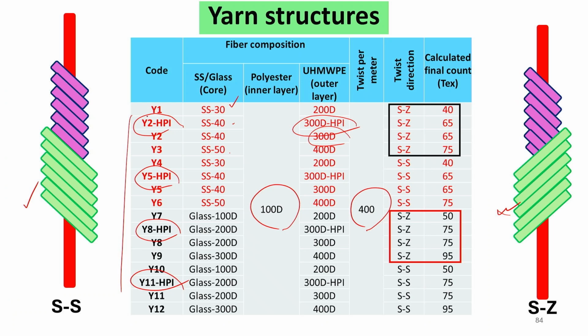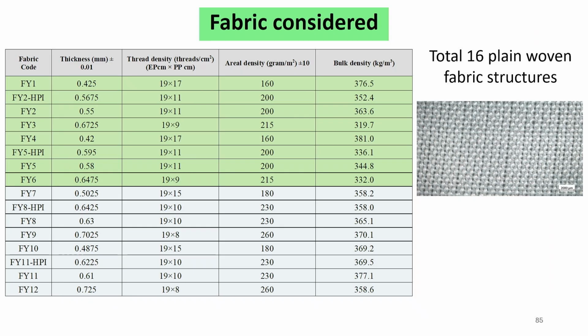From all the 16 yarns which we developed, 16 fabrics were developed, keeping the thread density with ends per centimeter constant for all the fabrics.